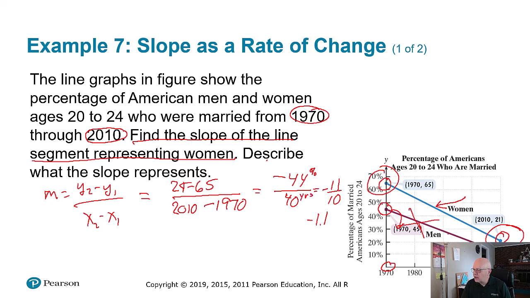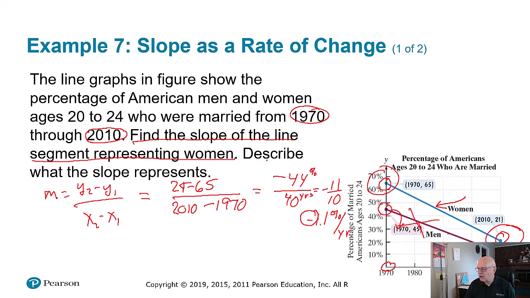And these were years in the bottom. So we've got percentage per year. And that's how that's changing. The percentage of women who were married at a particular age is decreasing because of that. It's going down.